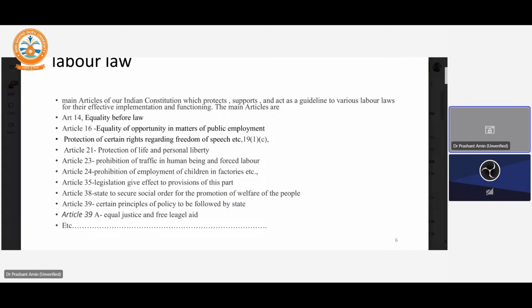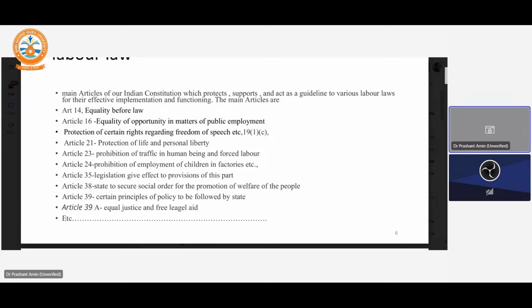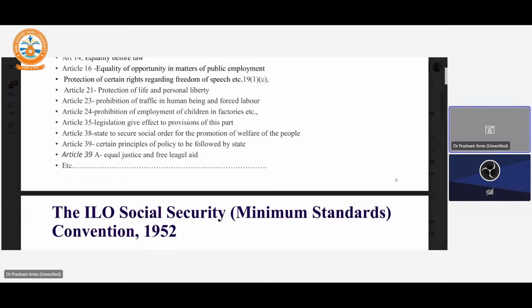The Indian Constitution is the mother of all laws, and under Article 14 to Article 39, all the laws have been enacted, whether it's a labor law, an employment related law, or the Citizenship Act, and those kinds of laws, right? Article 5 says the citizenship of India, under which every citizen has certain rights.